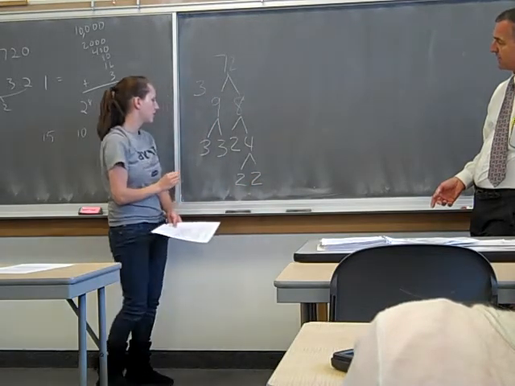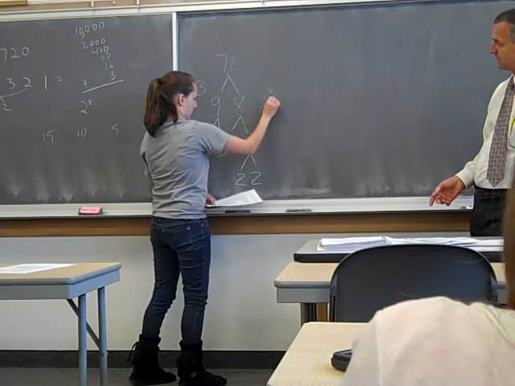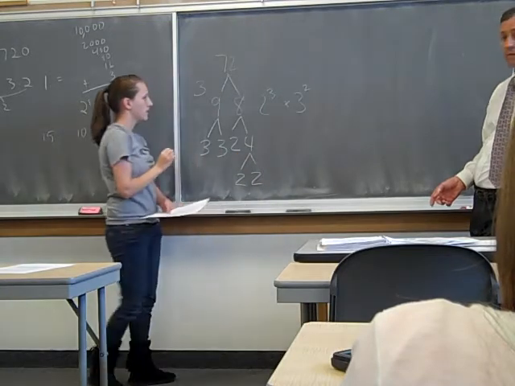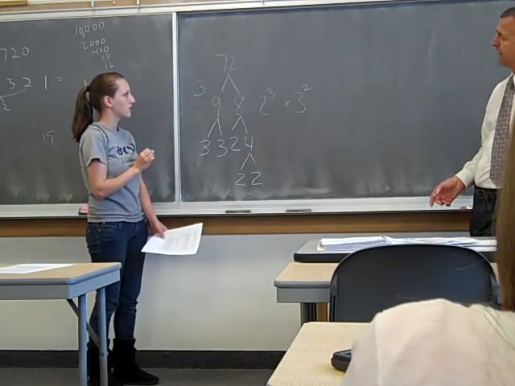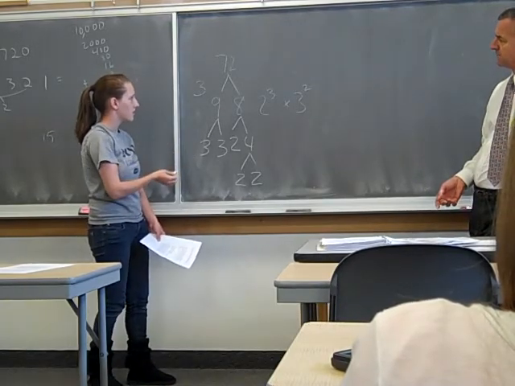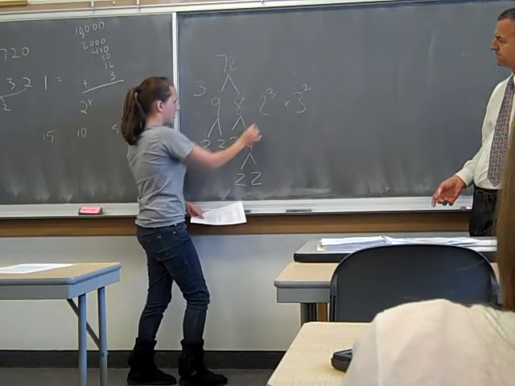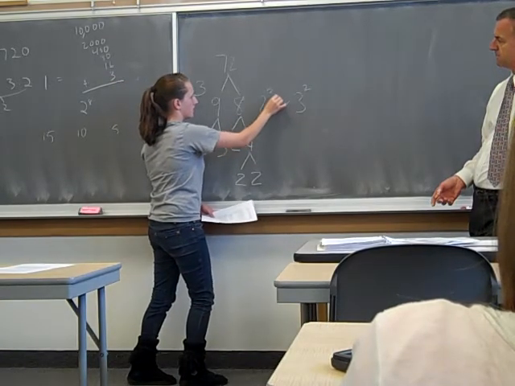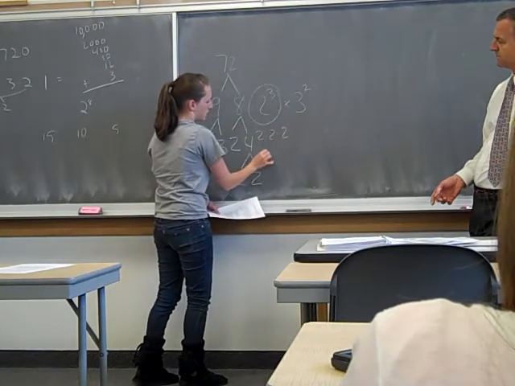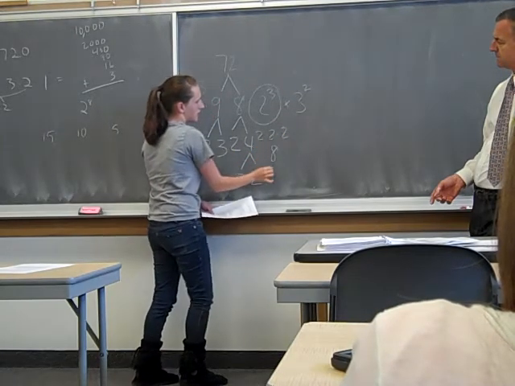So what is the prime factorization of 72? Everybody agree with her? Okay. Now how might that help us? So this is how I ended up giving it: 2 times 2 times 2. 2 times 2 is 4, times 2 is 8.